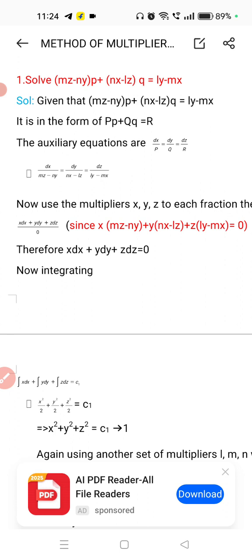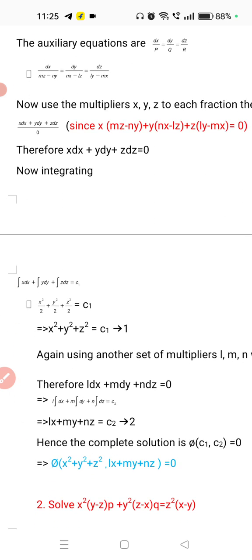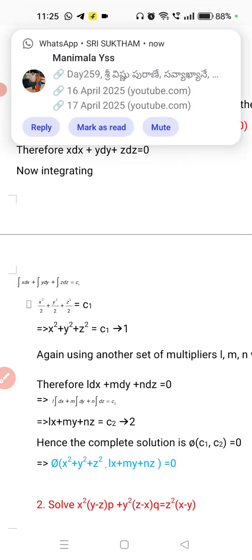Here we observe that the denominator part gets cancelled and we are only left with x dx + y dy + z dz = 0. Now, x is associated with only dx, y with only dy and z with only dz. So right now we can integrate the terms.